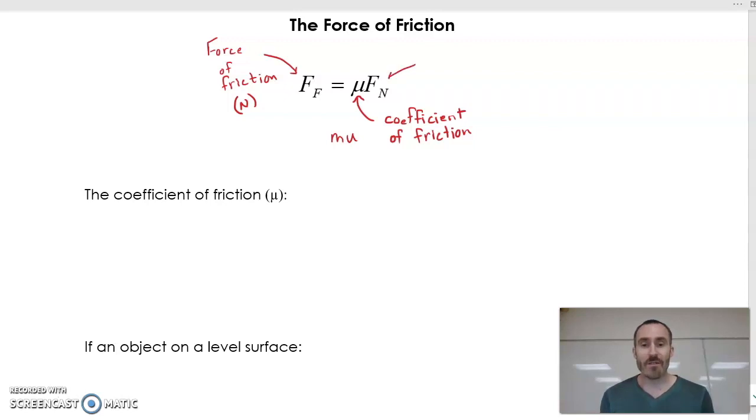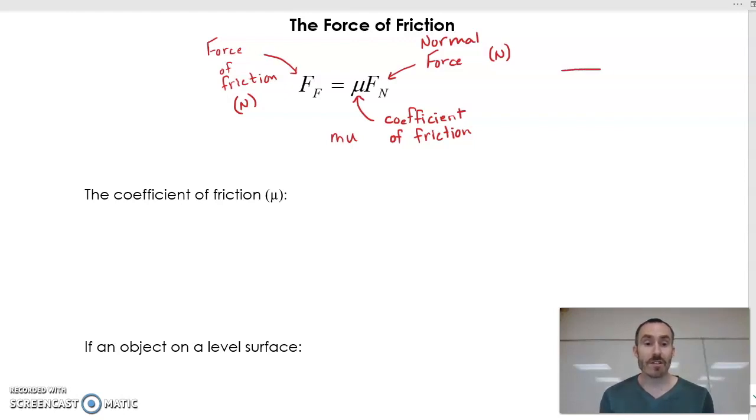This Fn over here, we've talked about it very briefly, but we haven't really studied it much. It's the normal force. That's also in newtons. The normal force, if you recall, is the support force that a surface exerts on an object.